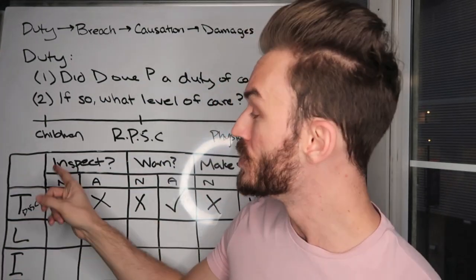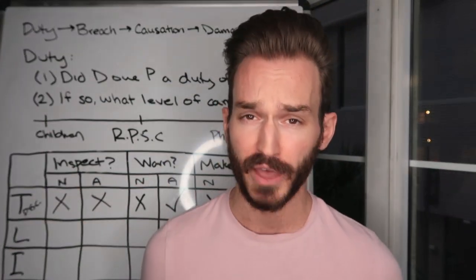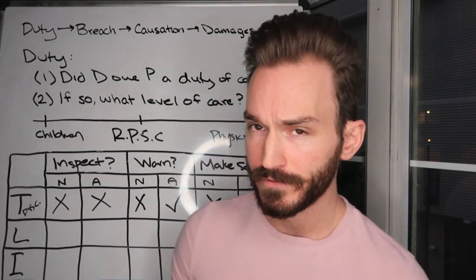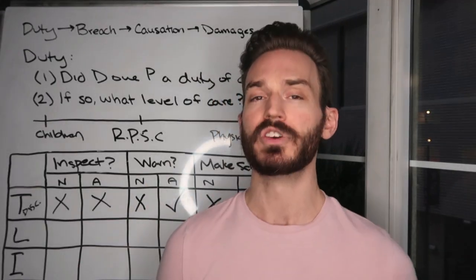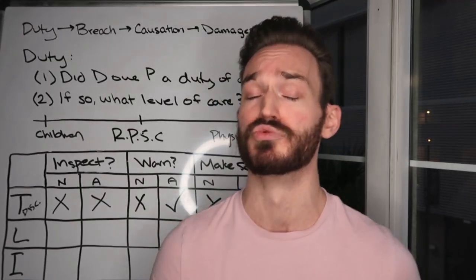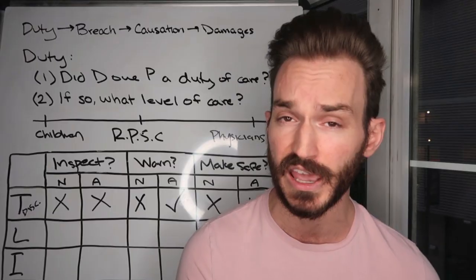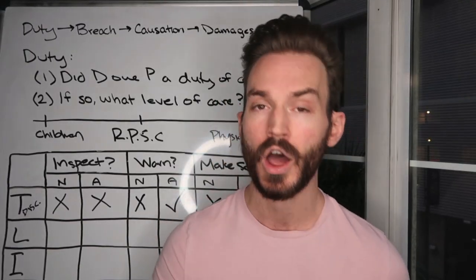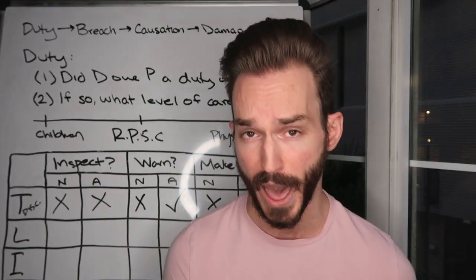But one more note for discovered trespassers is that when you're thinking about artificial conditions, you only have a duty to warn about artificial conditions that pose a risk of serious bodily injury or death. So we're thinking about basically hidden artificial death traps on the land.